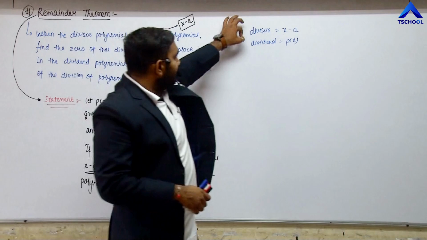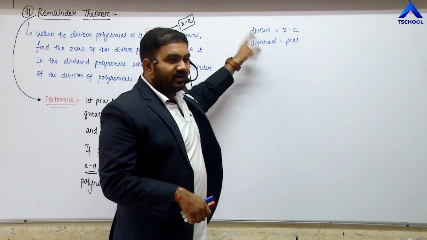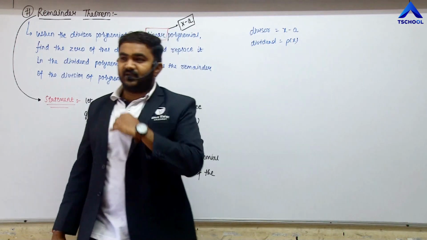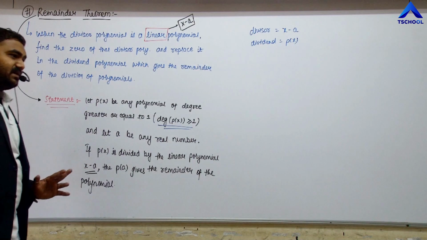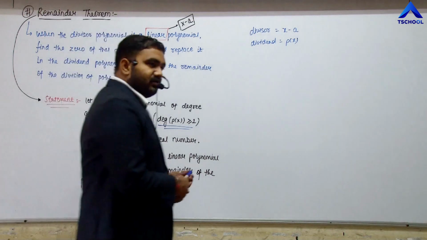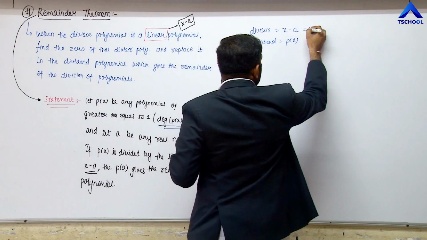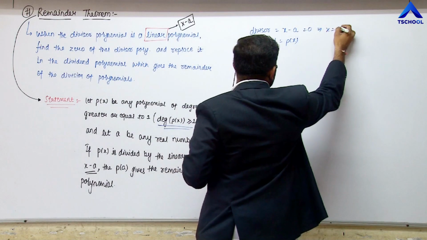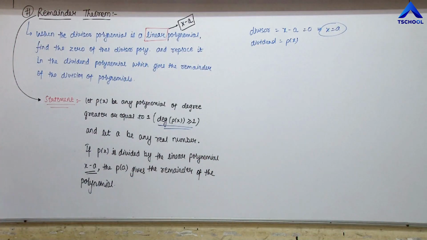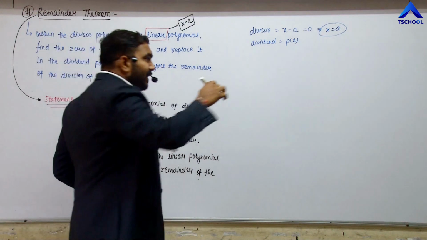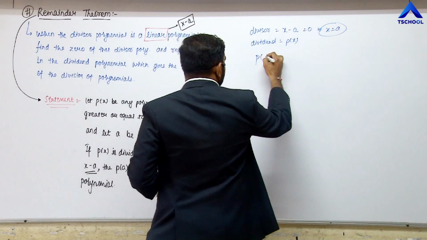So we take the zero of the divisor polynomial, that means x equals a. How can we find the zero? Simply take x minus a equal to 0. That gives me x equals a. If I replace all the x in p of x by a, then what shall I get?